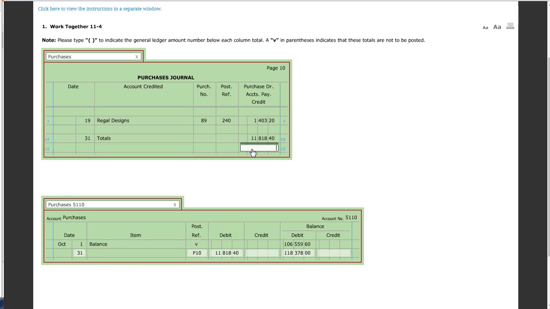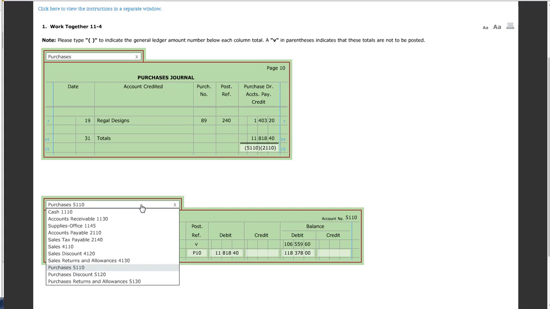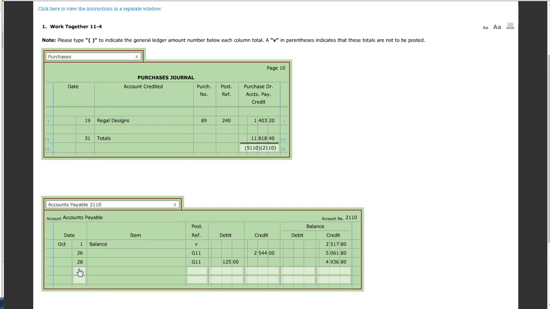Now, normally I would tell you to jump up here, parentheses, and put in 5110, right? But I have to put in two account numbers, and Aplia doesn't let me do one without the other. So I'm going to put in 5110, and then it automatically gives me 2110 for the accounts payable. I'll hit enter, and know that I'm going to jump right to accounts payable, and put that in as the 31st as well.